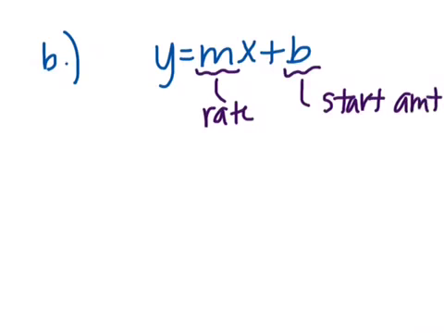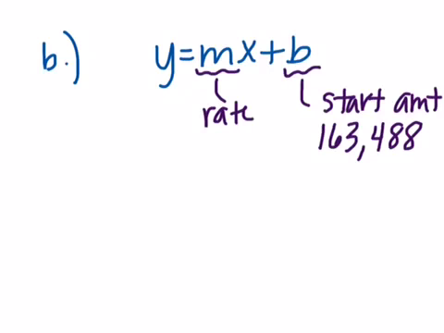And if you look back at your table, we have our starting amount. When our time is 0, our population is 163,488. So our starting amount for this problem comes from that first line of our table.